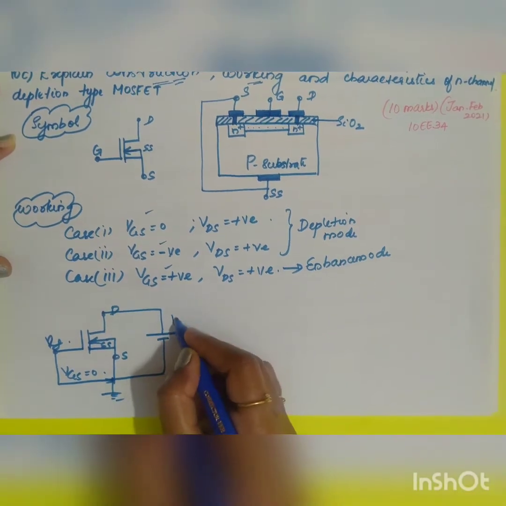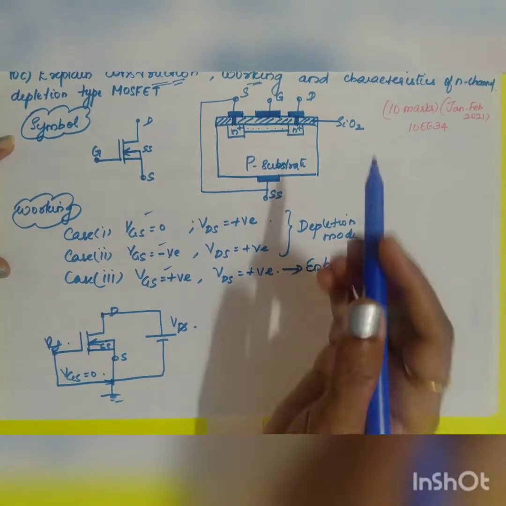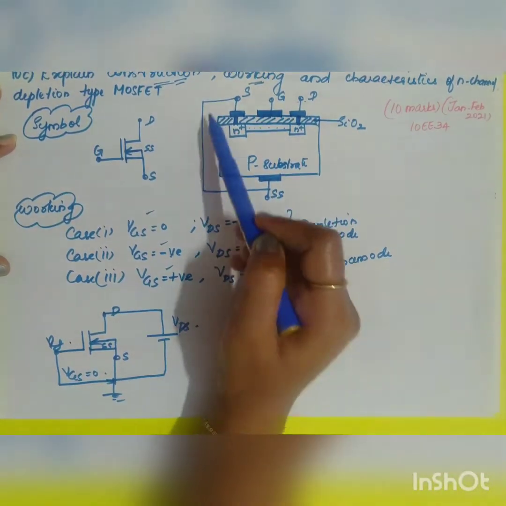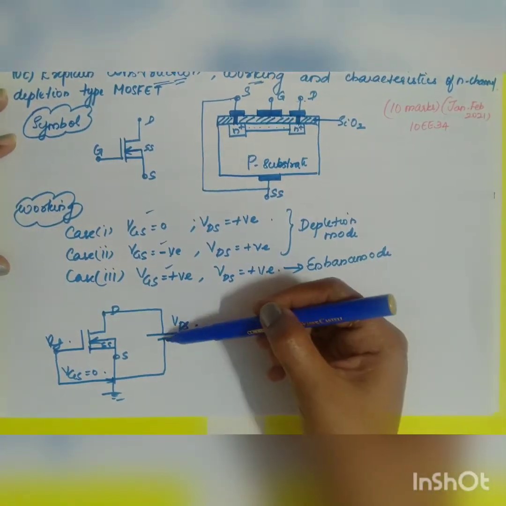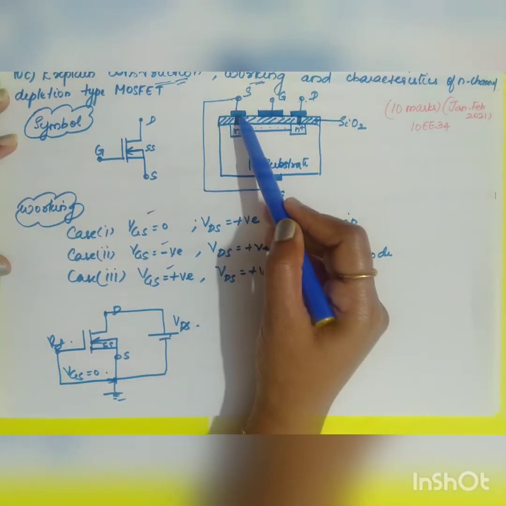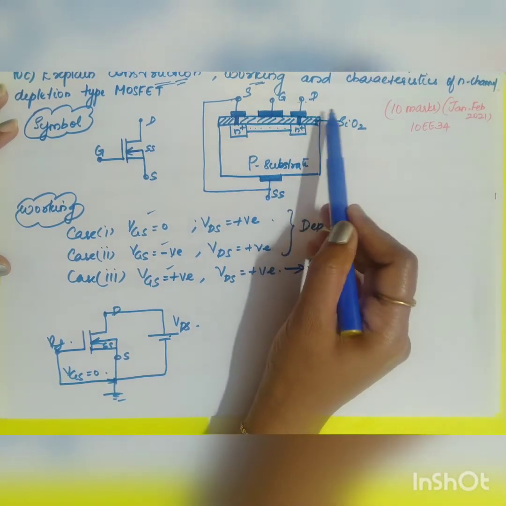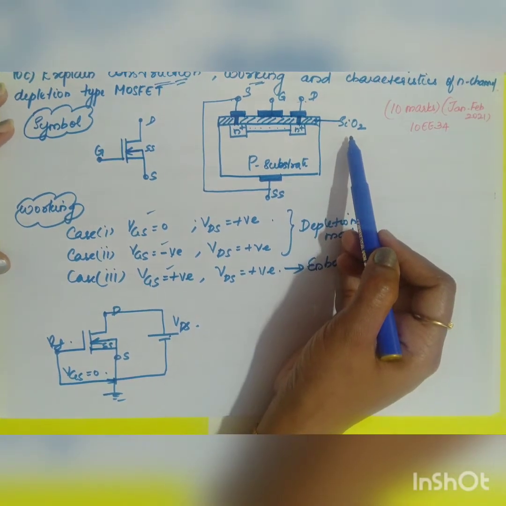Source will be grounded. So this will be your VDS. When your drain and source are connected and I apply a positive potential here, what will happen? The electrons from the source will flow towards the positive potential of the drain.